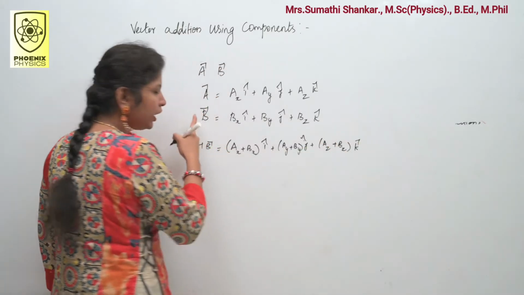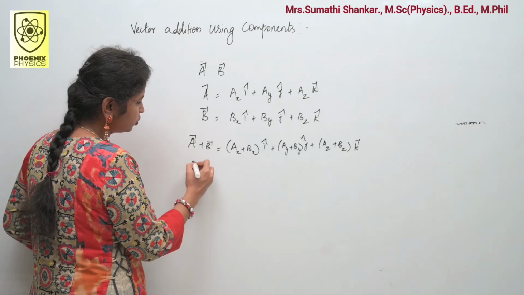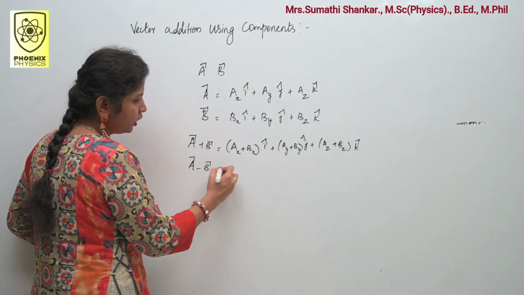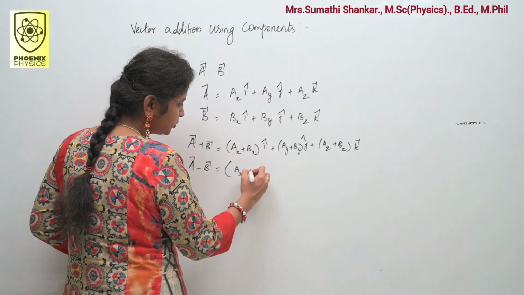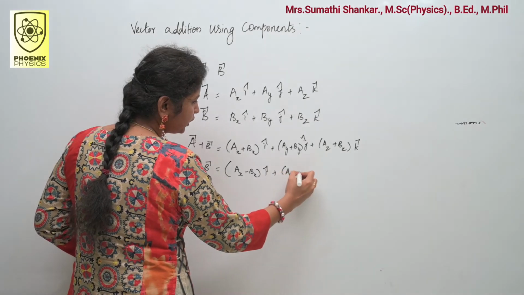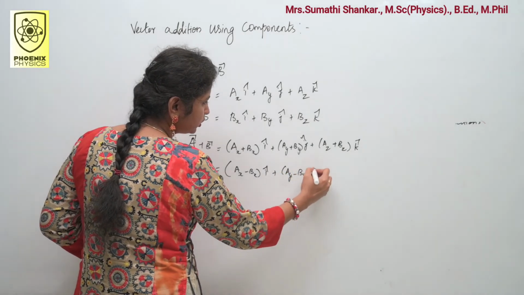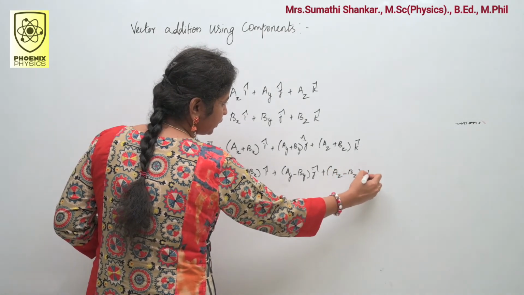This is addition of two vectors. Similarly, for subtraction also, A minus B, how do you subtract two vectors? Ax minus Bx i vector, Ay minus By j vector, Az minus Bz k vector.